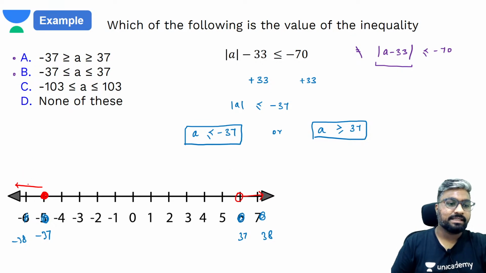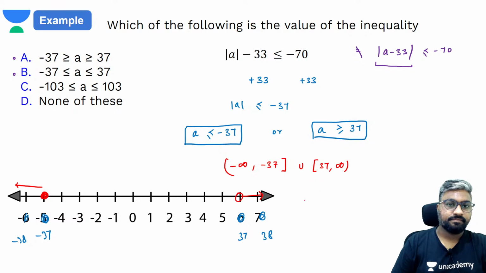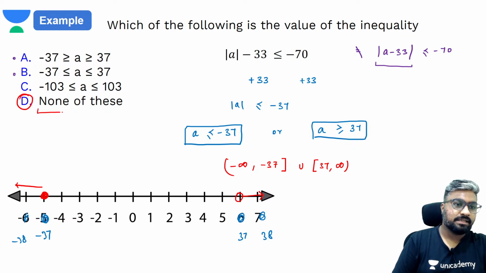There is no intersection, so it basically means the values will go from minus infinity to minus 37, with a square bracket at minus 37, and the same way plus 37 to infinity. Are you getting this, guys? So this doesn't belong anywhere, none of these is the answer.